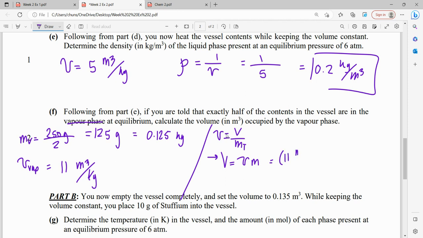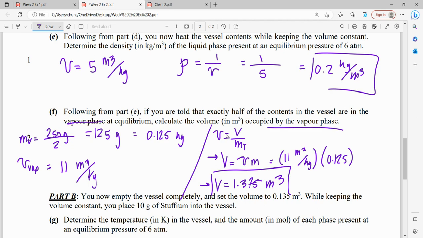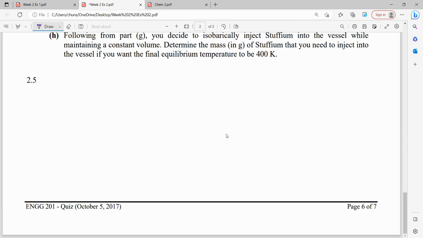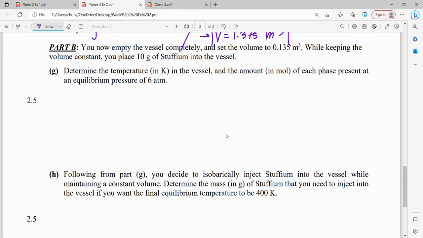So when we do that, that gives volume equals 1.375 meters cubed is occupied by the vapor phase. A couple more questions, let's finish it up.